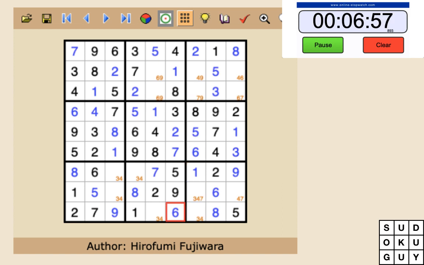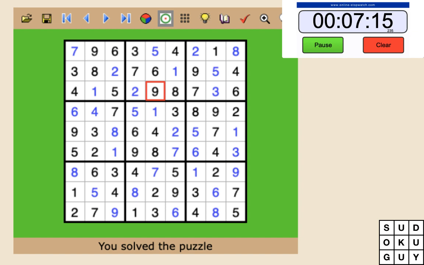Now what am I missing? Okay, so there's already a 4 in this column. That's what I'm missing. That should inform just about everything else. Seven, 6, 4, 6, 9.